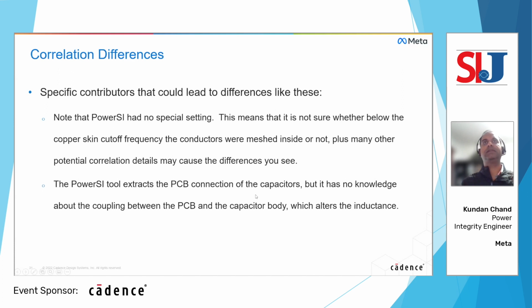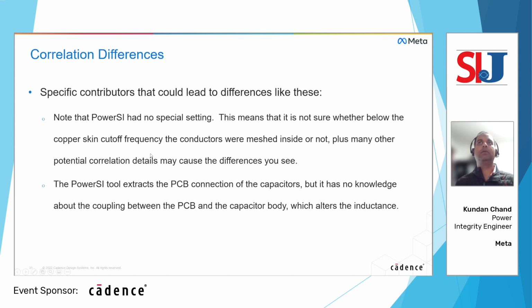So these are some of the theories we are still looking at, on why we were seeing some of these correlation differences, especially around the series resonance frequency of the capacitor, and also in the tens to 100 megahertz range.